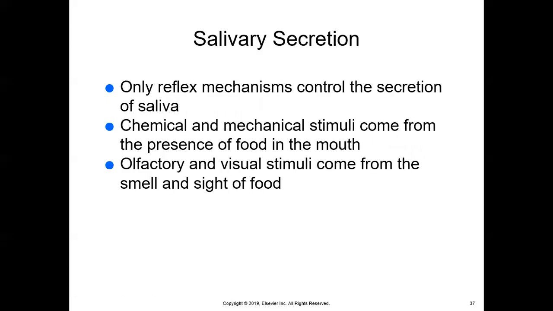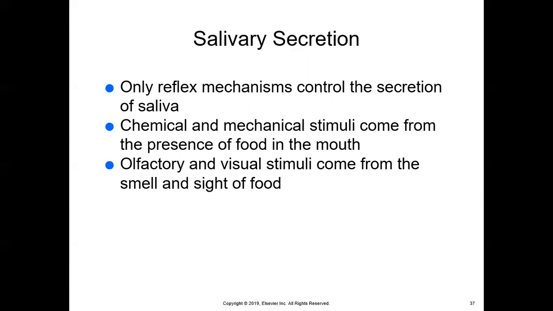Now, the salivary secretion. Only reflex mechanisms control the secretion of saliva. Some of the reflex mechanisms can be chemical or mechanical stimuli. They come from the presence of food in the mouth.